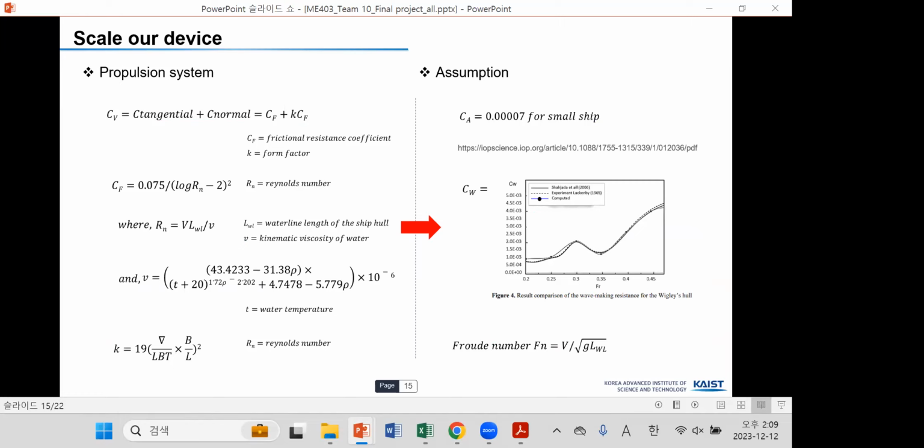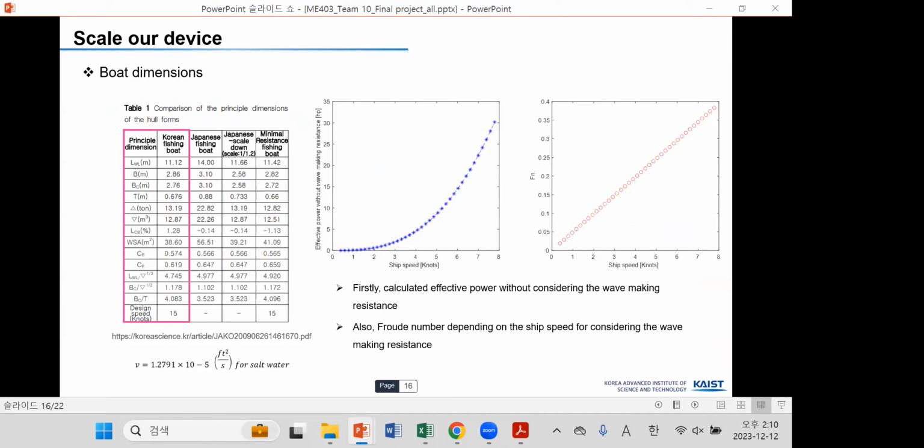And for the wave making term, we reference this graph, and we assume that we're going to use a Korean fishing boat. So using those values, we first calculated the effective power without considering the wave making resistance, and also the float number versus ship speed.